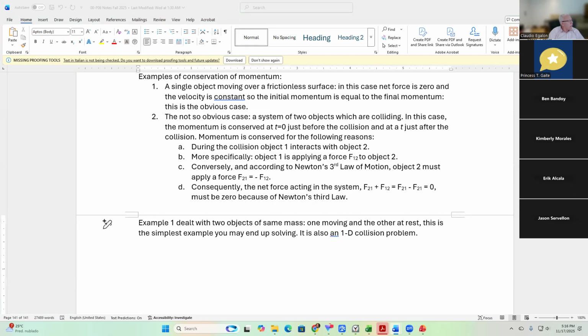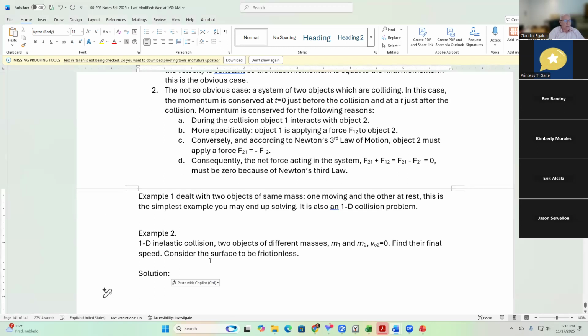Now we are going to do example 2, two objects of different masses. Inelastic collision. Two objects of different masses, M1 and M2.